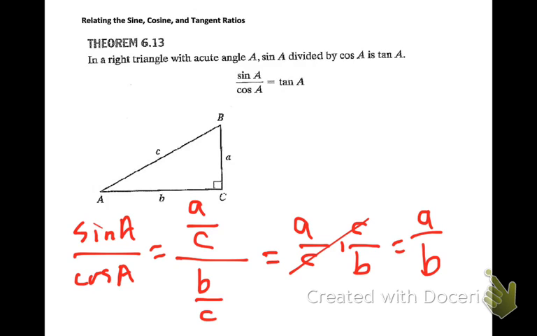Zach? Yeah, that equals the tangent of A. So we've just proven that. If you have a problem like that, these are called trig identities, then plug in the ratio of the sides according to the triangle they give you and show it using the ratio of the sides.